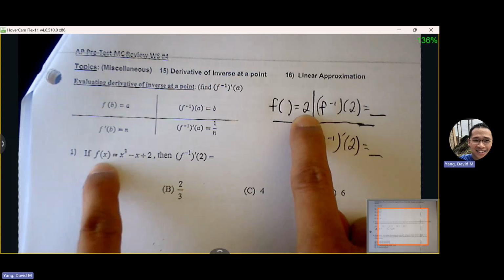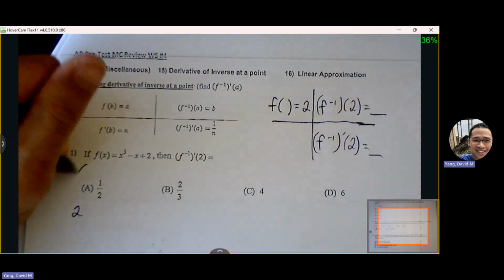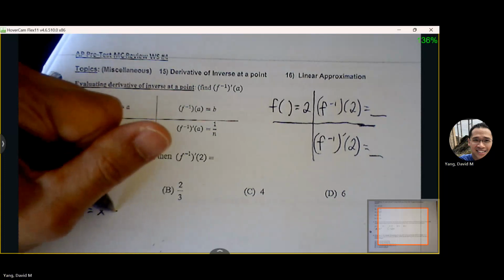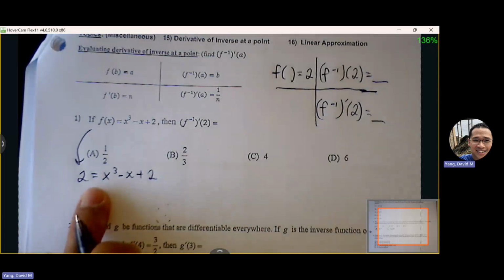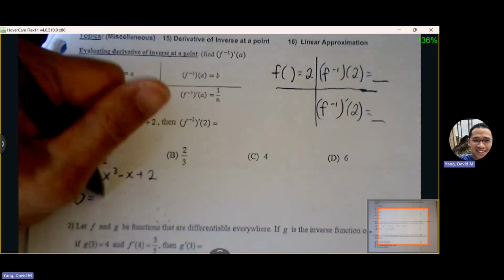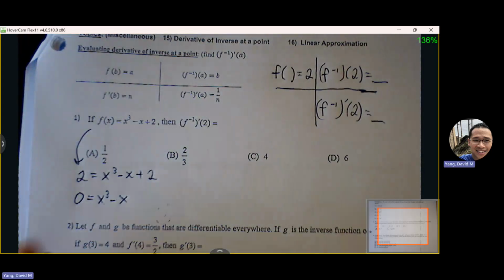So I can set this equal to 2, and then try to work my way through, try to figure out what my x value is. So I'm going to try to bring everything over to one side. I like to do that to begin with. The 2's cancel out.